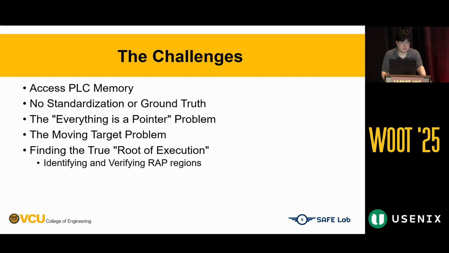The second is the interpretation problem. What are we looking at in a PLC's memory? PLC is working based on a 32-bit, which is a 4-byte sequence. And any 4-byte value from 0 to FFFFFFFF can be a pointer, which means it can address 4 gigabytes.